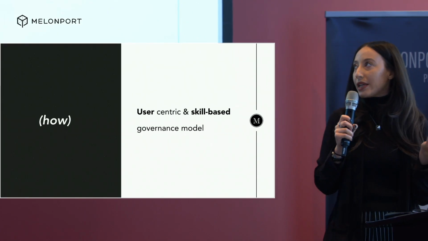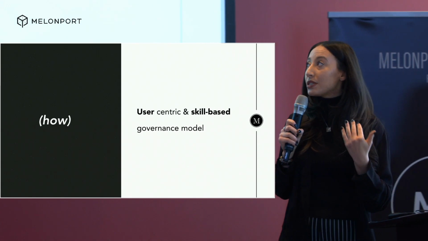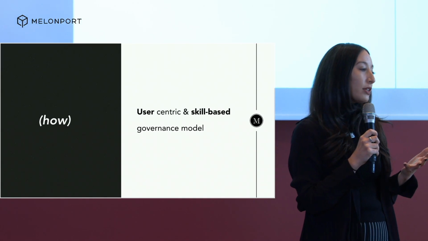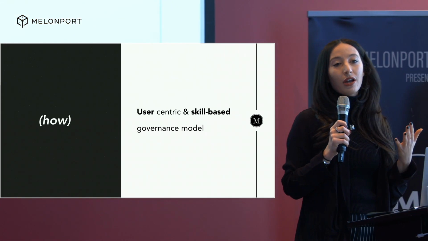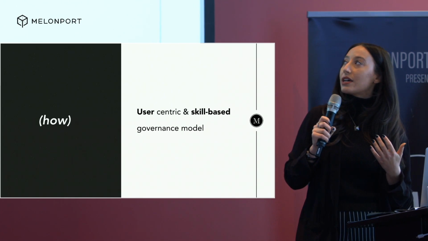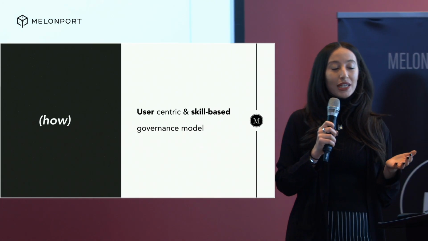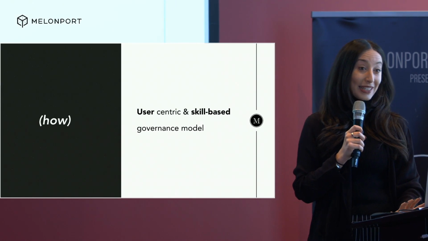We made some analysis on the different interests and how they are aligned or misaligned, and the conclusion was that the users are the group that is the most vulnerable in our network. So we worked backward from that, and we tried to build a model that is hopefully user-centric and skill-based. What does that mean?